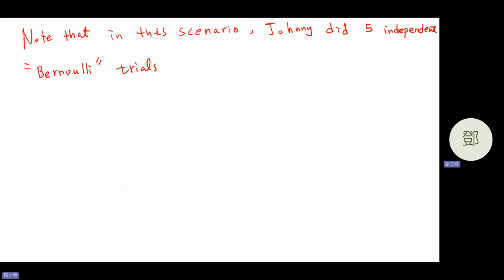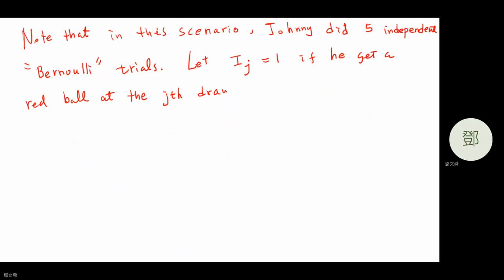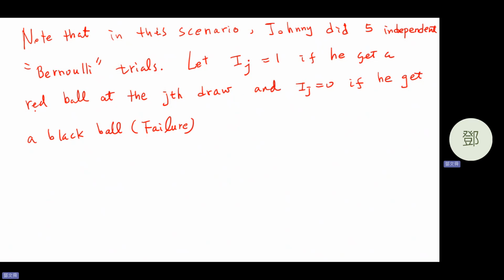Let I_j indicate the J-th drawing, and here we call it success, for J from 1, 2, 3, 4, 5.